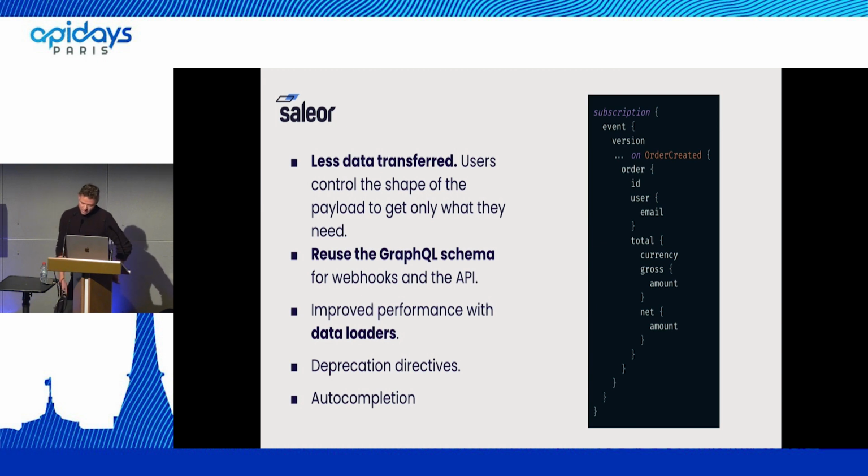And what are the benefits of this approach? We get all of the benefits that are given by GraphQL, first of all. So less data transferred. We are only getting data that we need. I know it may not matter that much in communication between backend services.